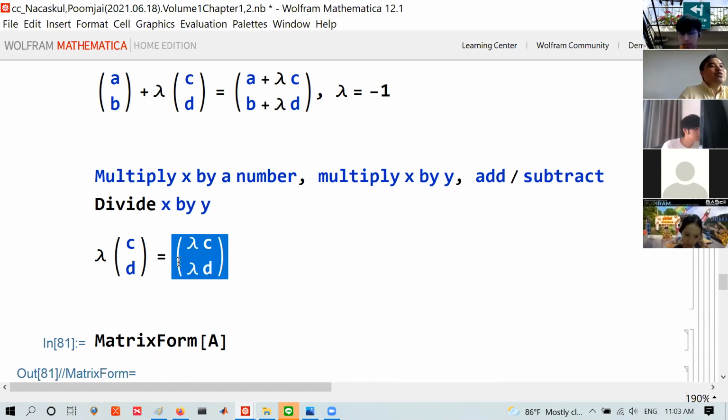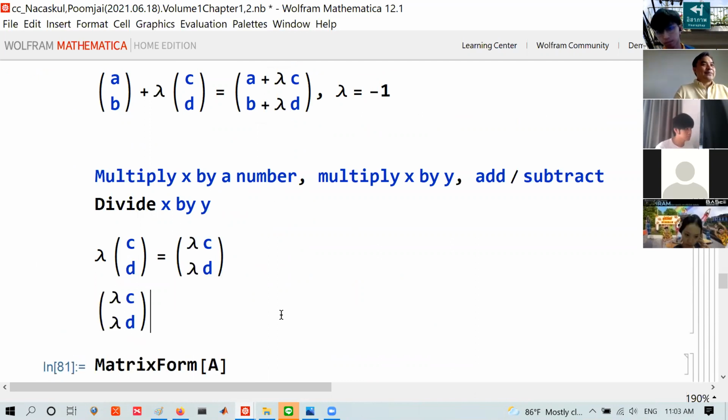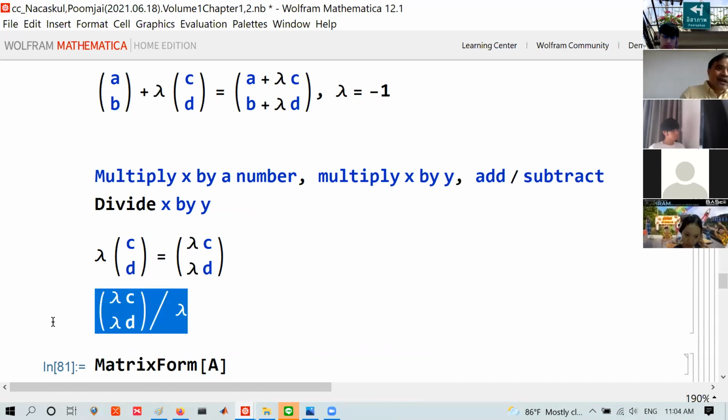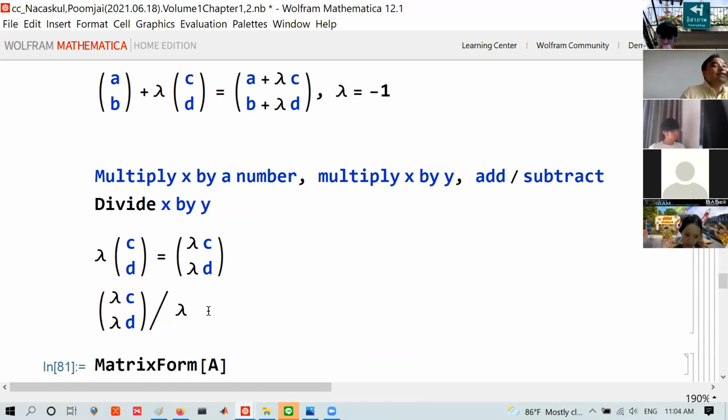Now, what you want to do is something like this. Divide by lambda. But I promise you, this is not doable. You want to divide. Well, it looks like it's doable.